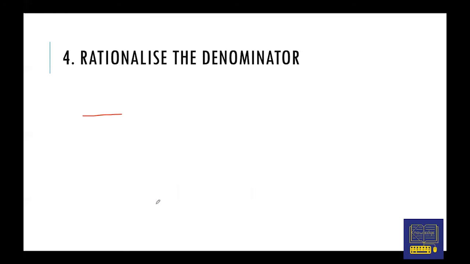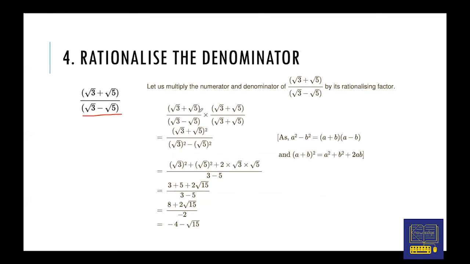So if we multiply the denominator with a plus b, we also multiply the numerator with a plus b. Now this identity is what is being displayed here, and the denominator becomes a square minus b square, whereas the numerator is a plus b into a plus b, which, once expanded, will give you a square plus b square plus 2ab.